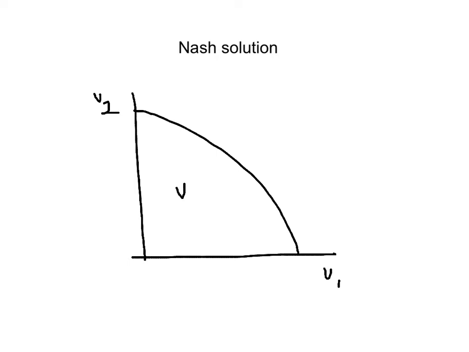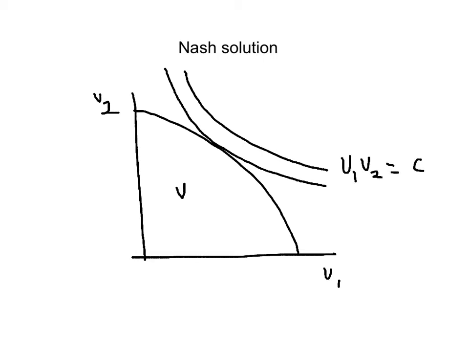So, because of Pareto efficiency. The shape of the indifference curves of the Nash product, which is the product of the utilities of the parties, is a hyperbola. So the indifference curves are hyperbolas. So this is U1 U2 equals some constant.